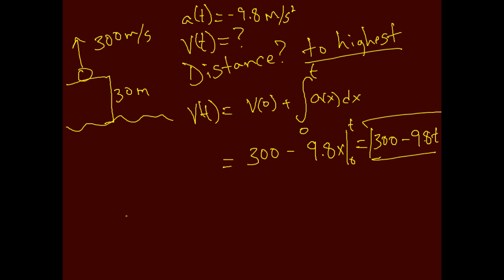First we're going to find a position function. If we want a position function, we need s of t. That's going to be the initial position plus the integral from 0 to t of our velocity.